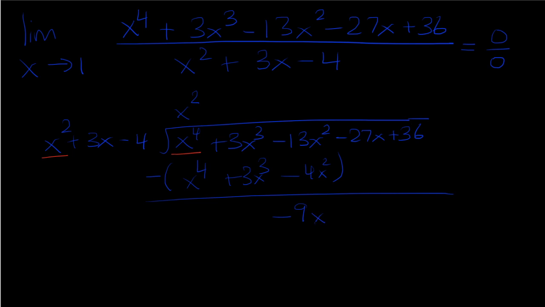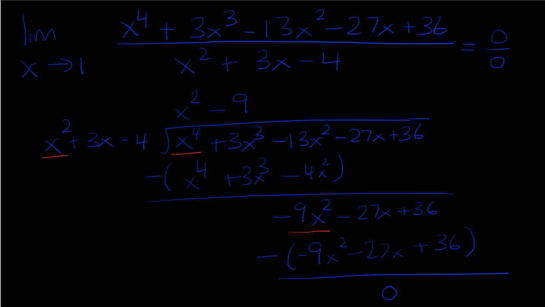I have negative 9x squared minus 27x plus 36. Now I compare x squared with negative 9x squared. I'm going to need to multiply by negative 9. So I have negative 9x squared, and then negative 9 times 3x is negative 27x. And then negative 4 times negative 9 is 36. That leaves me with a remainder of 0.